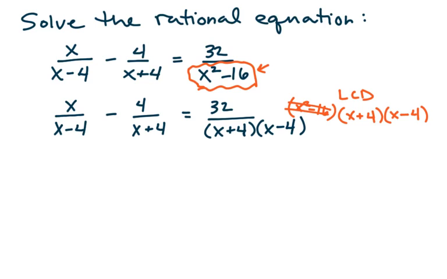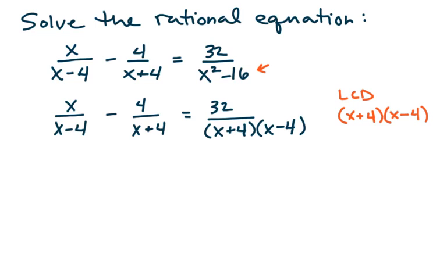But I don't want that because that's going to make my problem much larger in powers than I want to deal with. Okay, so we always want to make sure we factor first and then determine our LCD.